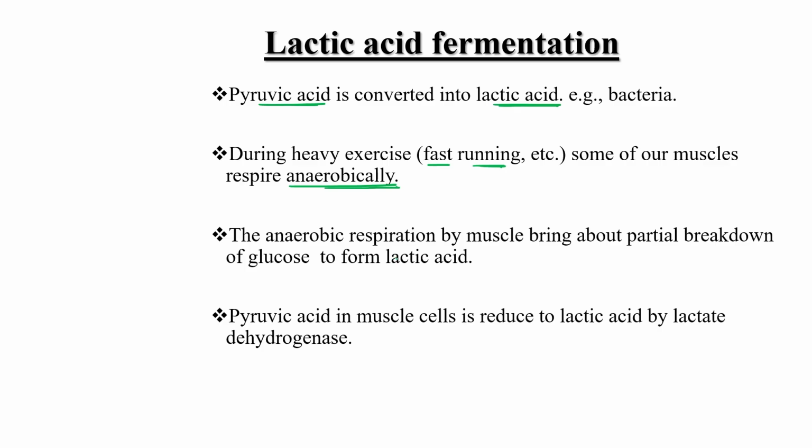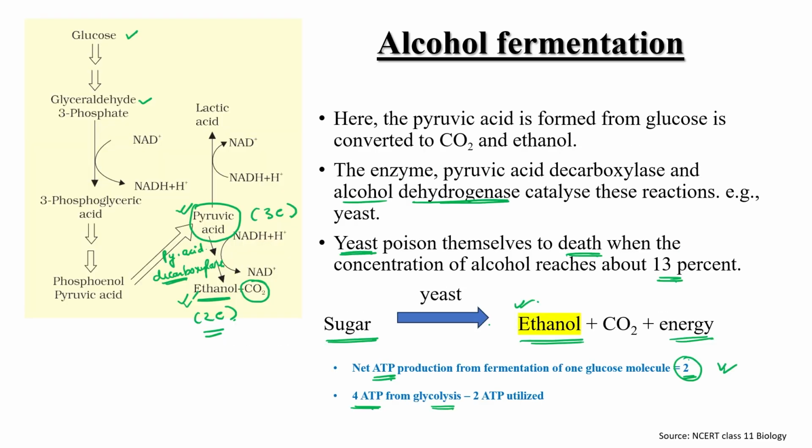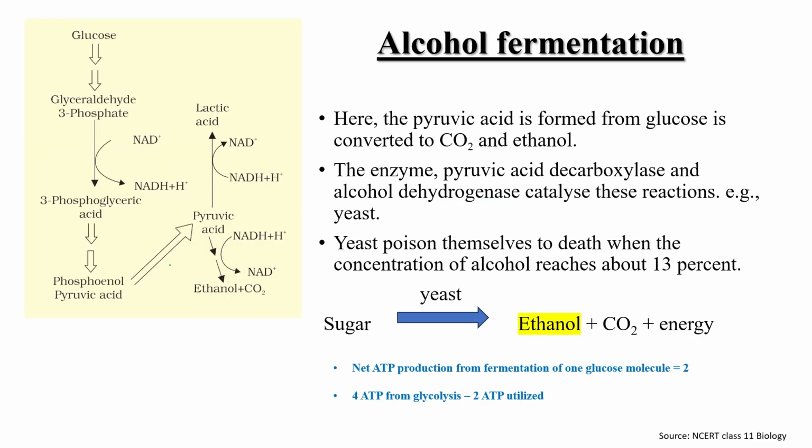Okay, so anaerobic respiration by muscles brings about partial breakdown of glucose to form lactic acid. Pyruvic acid in muscle cells is reduced to lactic acid by lactate dehydrogenase. So, these are the steps of glycolysis, all the steps of glycolysis.